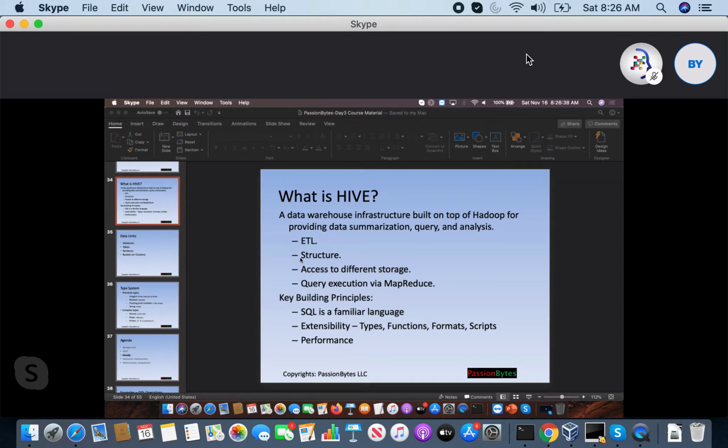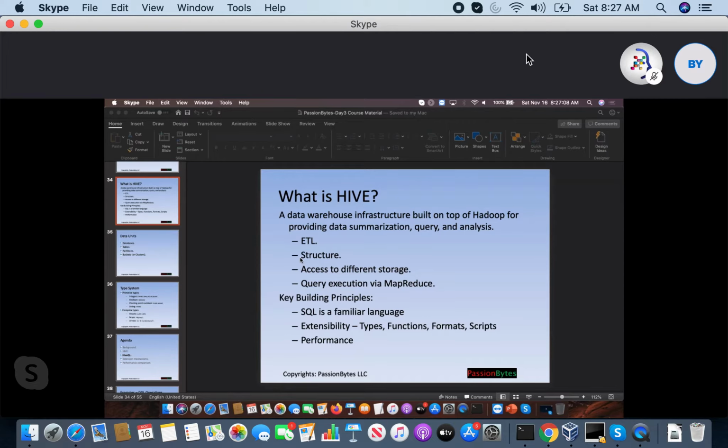So, what's the definition of Hadoop? Hadoop is a file system and a programming model called MapReduce on the top of it. We have seen it many times. Right? What's the definition of Hive? Hive is a data warehouse built on the top of HDFS. The moment I say data warehouse, it is not meant for OLTP.